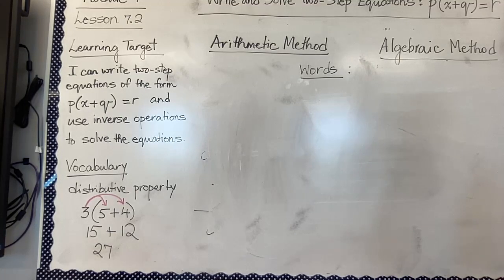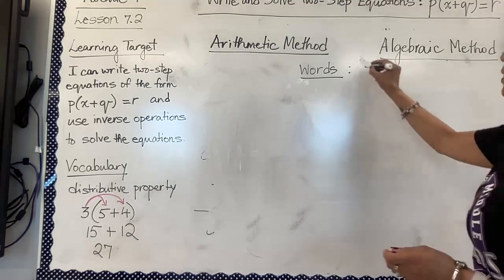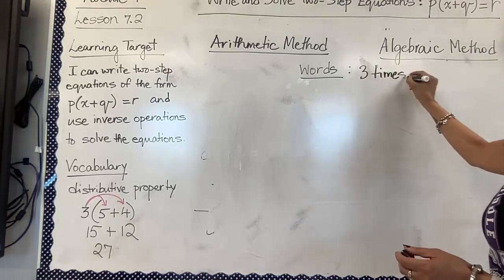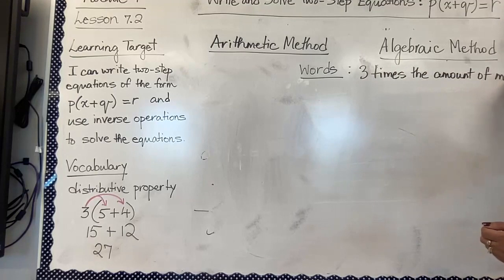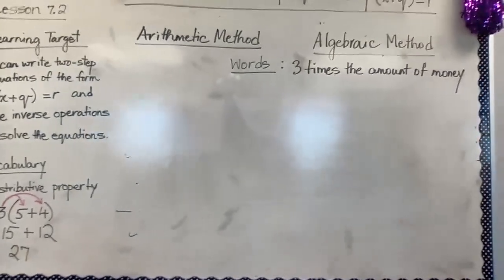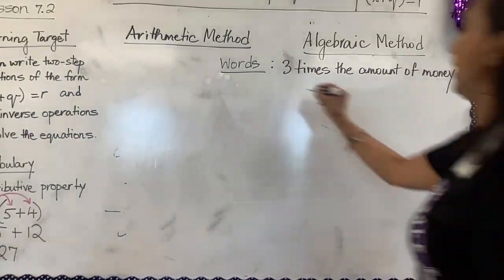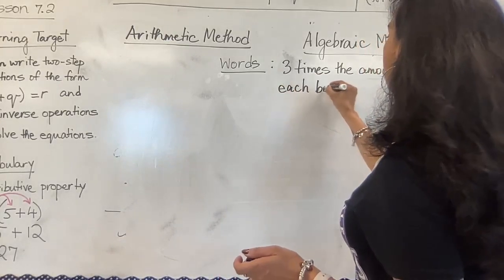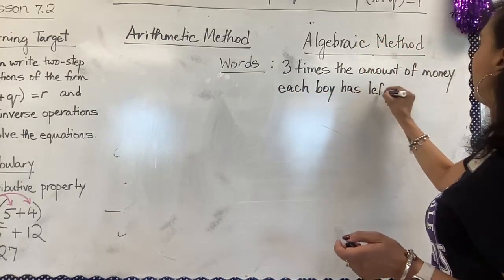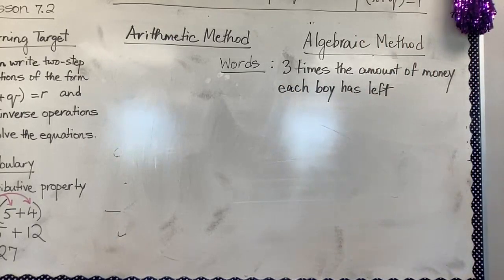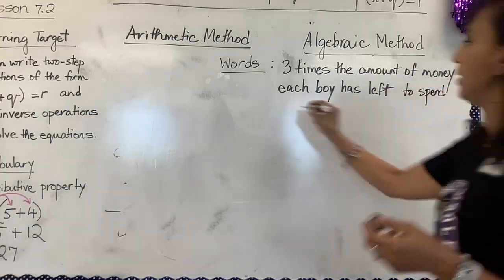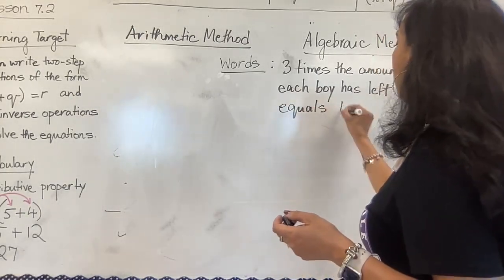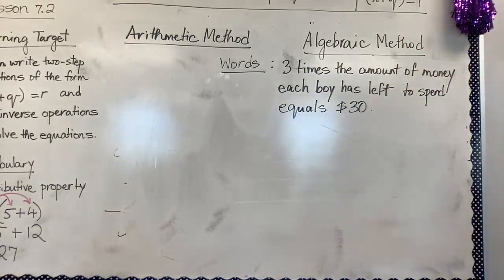So, first in words: three times the amount of money each boy has left to spend equals $30. Okay, so those are the words.